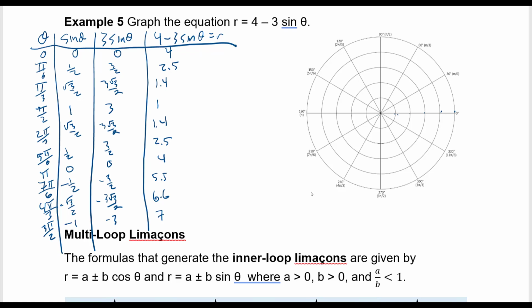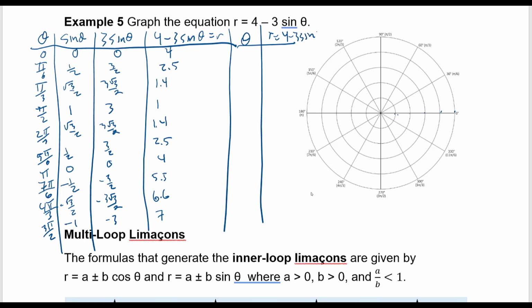I wonder if we should rescale this or just go with, I think we'll just go with what we have. Okay, let's finish this off, theta, and I'm just gonna do this quickly. R equals 4 minus 3 sine theta. So what do we have left? We had 5 pi over 3, 11 pi over 6, and 2 pi.